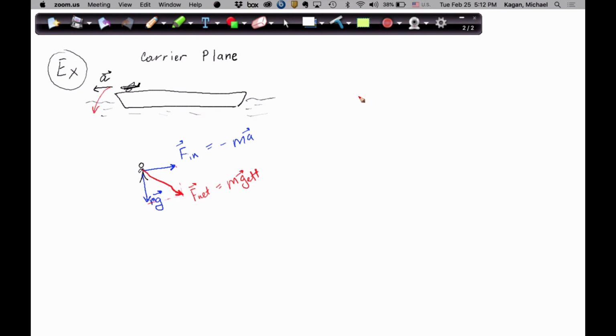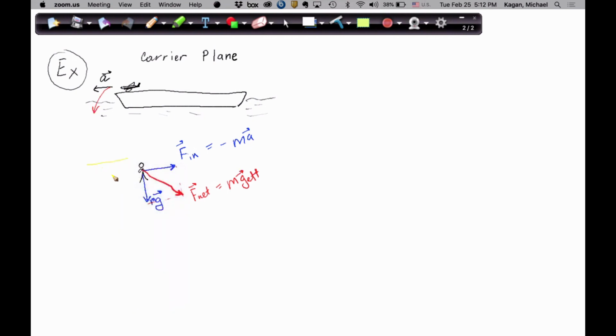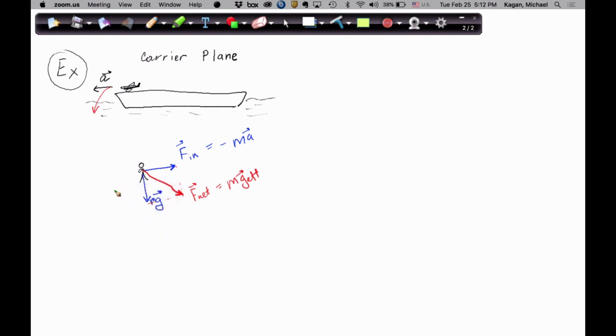So what does it mean for a pilot? If the plane has taken off and is going horizontal, as it should, what does the pilot think? Let's rotate the picture. The pilot thinks that down is this.